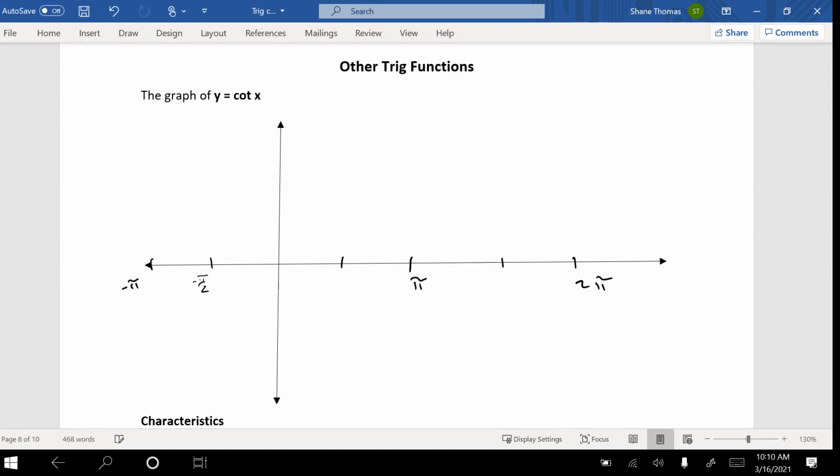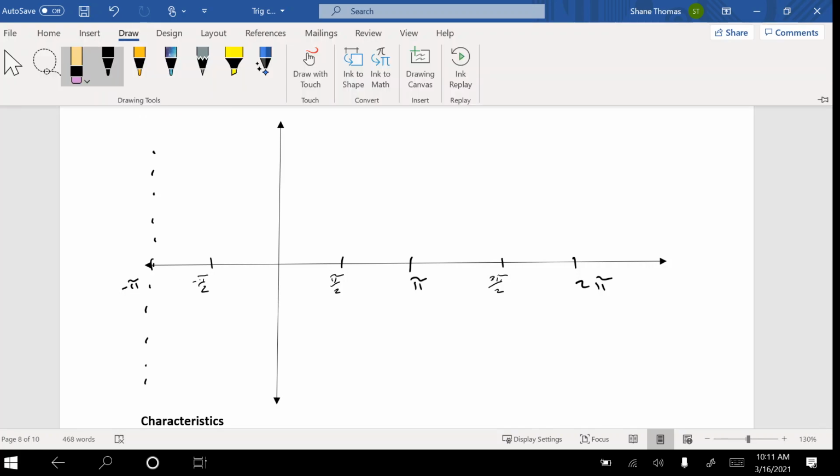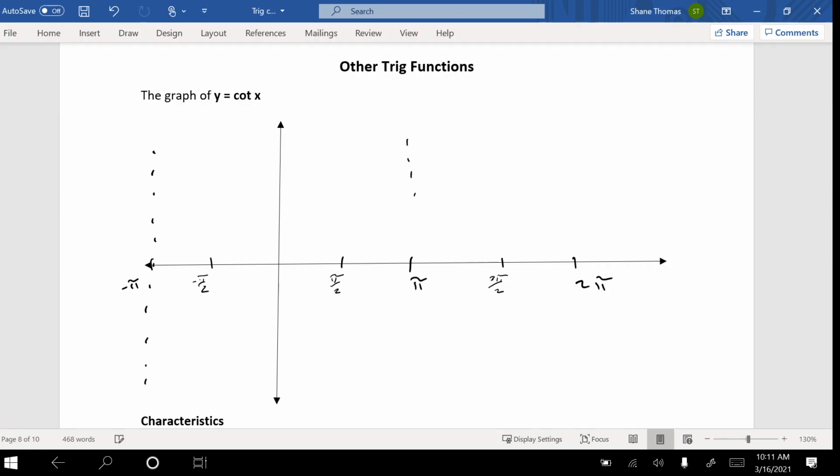Pi over 2, 3 pi over 2. This is going to be our key points, so this is what the cotangent is going to look like. We're going to have asymptotes at every value of pi. We would also have an asymptote at the y-axis, but I can't really draw a dotted line on a solid one. So I'd have an asymptote at every value of pi.